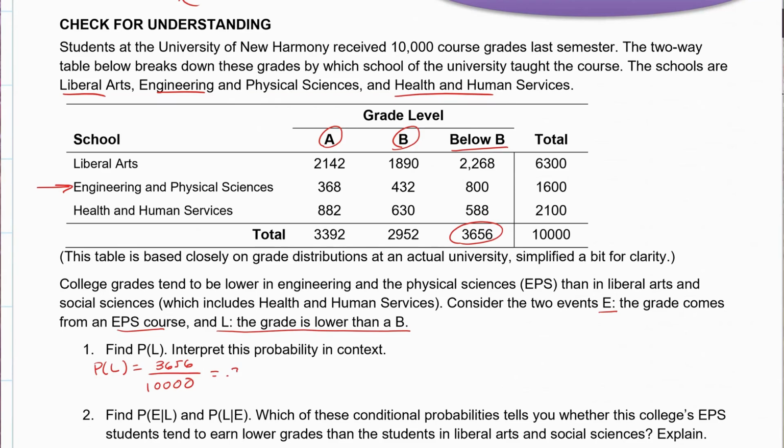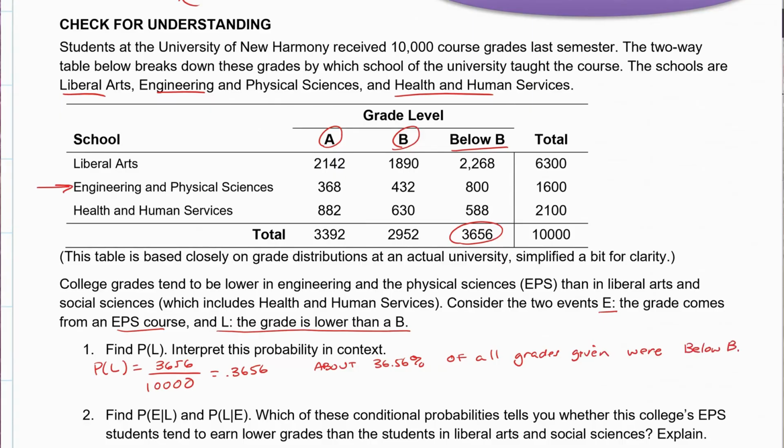Well, that proportion is about 36.5%. So we could say about 36.5% of all grades given were below B.